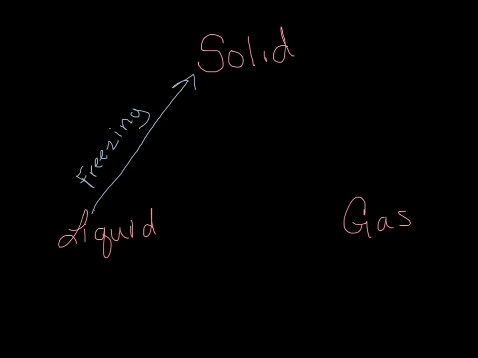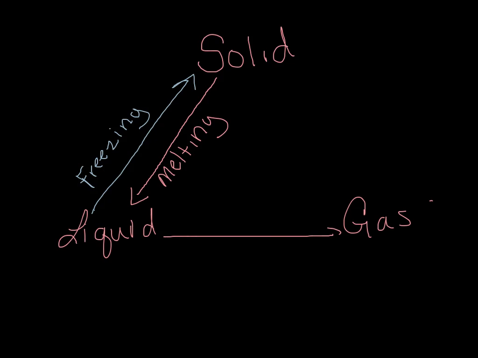Have to take energy away in order to freeze into a solid. If we're going to increase energy from a solid to a liquid, we call that melting. Now, if we're going to increase energy from a liquid to a gas, we're going to call that vaporizing.